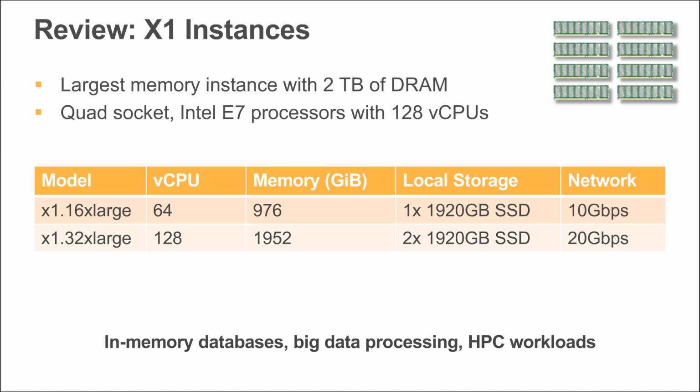We built this because customers were looking for an instance for large SAP HANA workloads, but it's really useful for any big in-memory database. We've also seen customers using it for big data processing systems and even some HPC workloads. The X1 also features our Elastic Network Adapter and provides network speeds up to 20 gigabits per second.